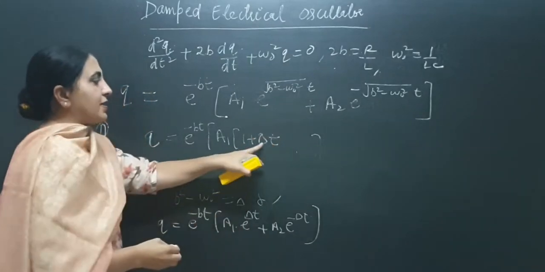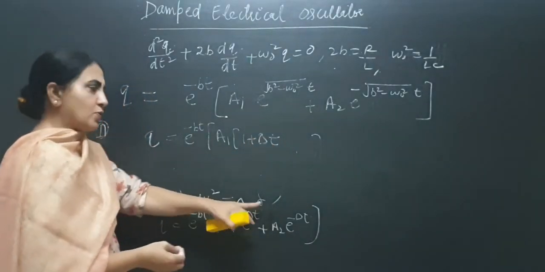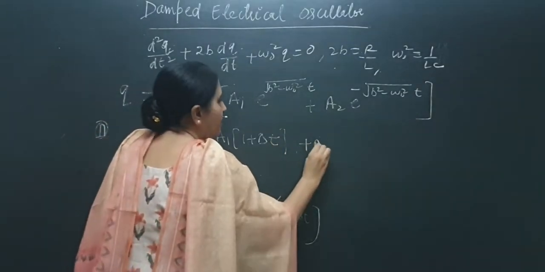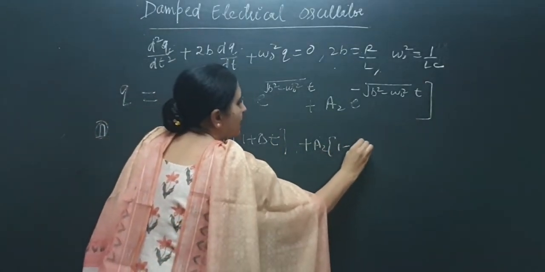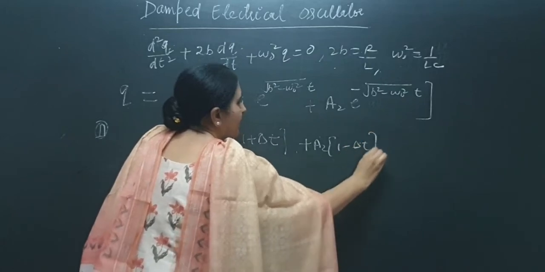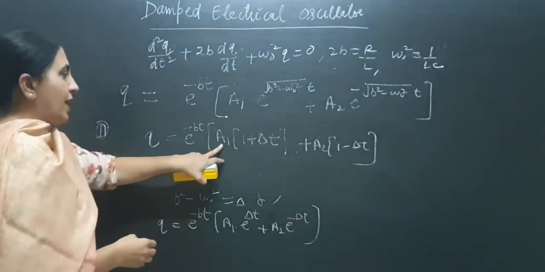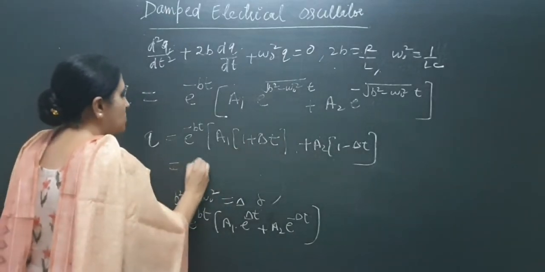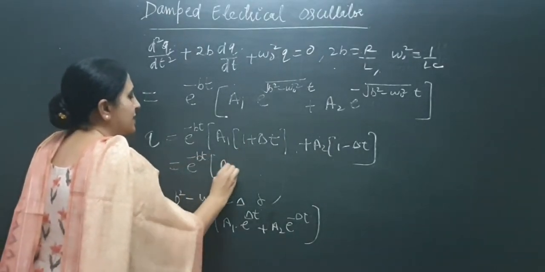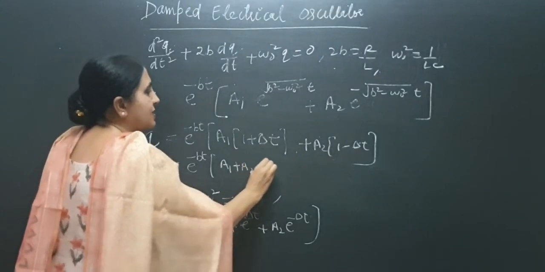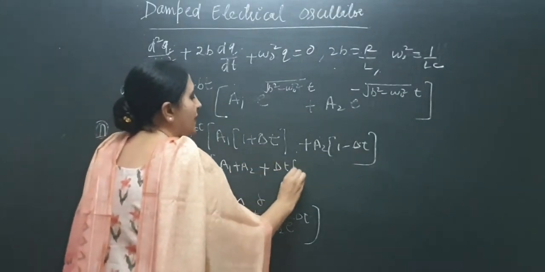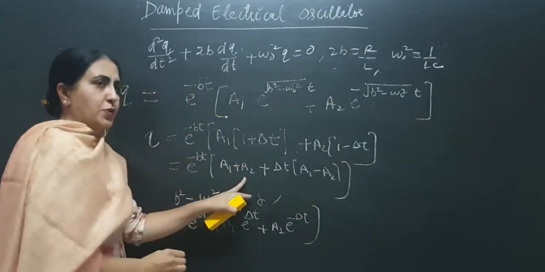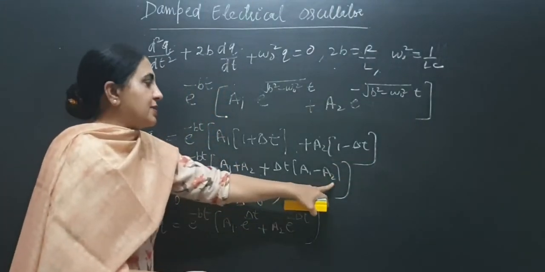In the mechanical oscillator we take delta like this, plus a2 into 1 minus delta t. Okay, so 1 here is also 1, so you can take common e raised to power minus bt, a1 plus a2 plus delta t, taking common a1 minus a2. And a1 plus a2 is A, and a1 minus a2 you can take as B.